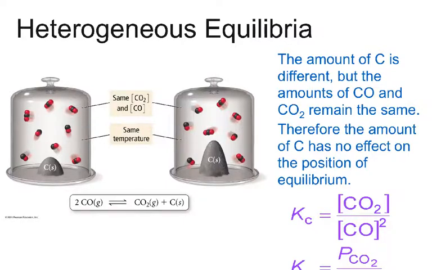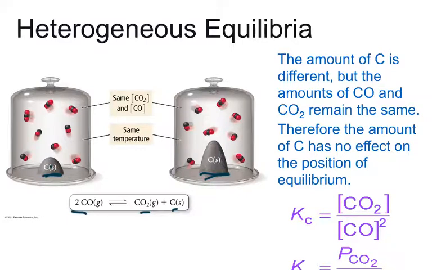So if we have the reaction of carbon monoxide to make carbon dioxide plus solid carbon, it doesn't matter if we have a small pile of carbon or a large pile of carbon, as long as our concentrations of our gases, adding more solid carbon isn't going to change the partial pressures of our gases. And so that solid phase does not show up in our equilibrium equation.